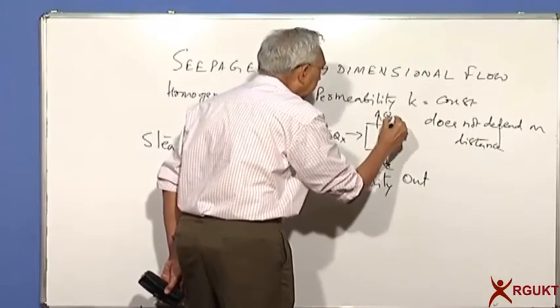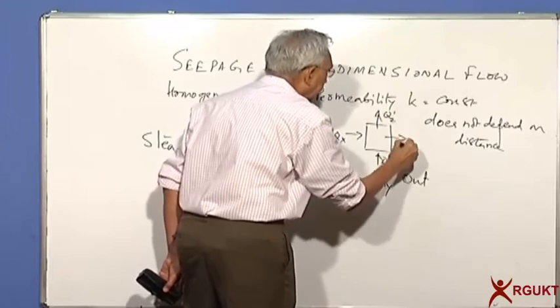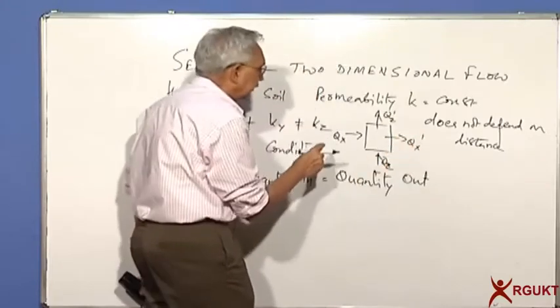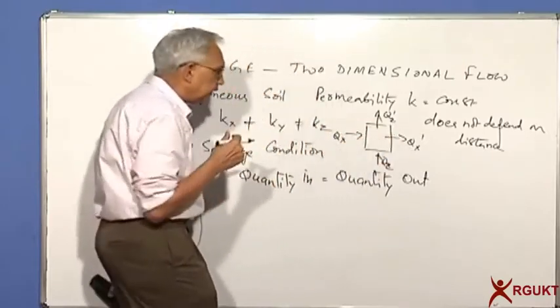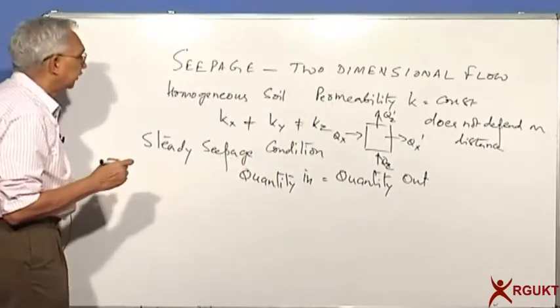So Qx plus Qz is equal to Qz prime plus Qx prime. That is what you call the continuity condition.